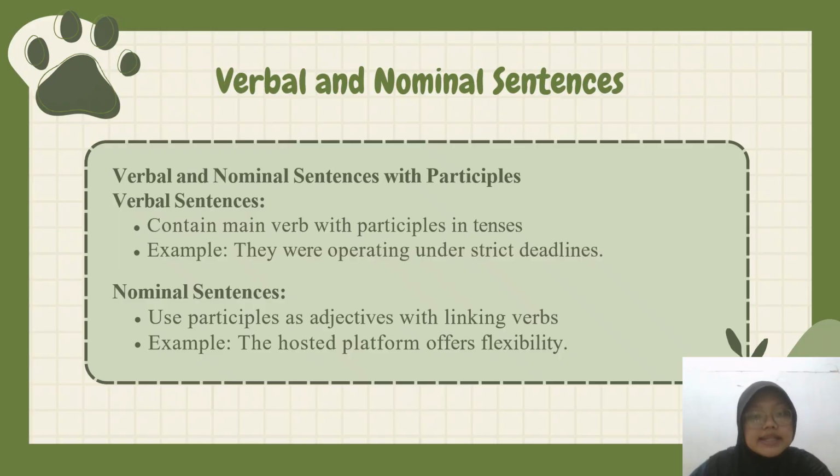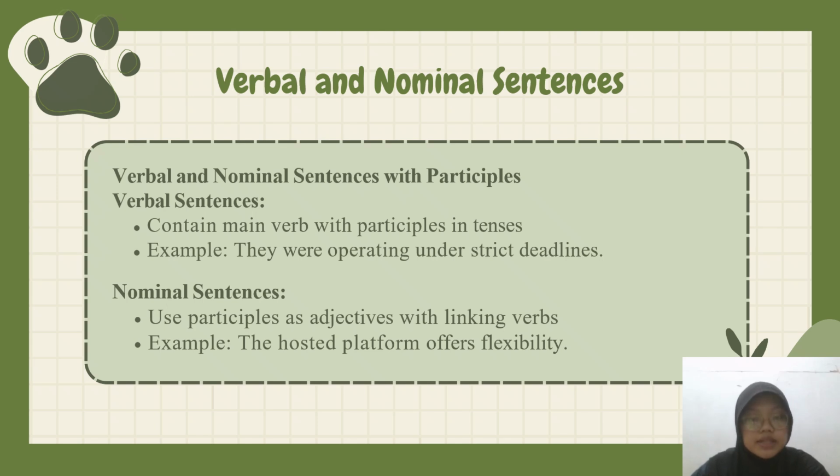Next, nominal sentences. Characteristic: in nominal sentences, the participle typically functions as an adjective, and it's often used with linking verbs like is, am, are, was, were. Example: the hosted platform offers flexibility.